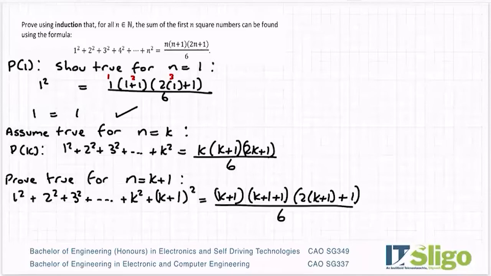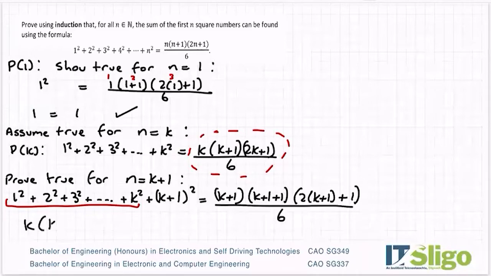Just like we've done for any of the other sum of a series ones, we're going to use the assumption we made for n is equal to k and substitute that in for the sequence up until k squared. Okay, so all of this I'm going to replace with this. So on the left, I'll have k times k plus 1, 2k plus 1 over 6.